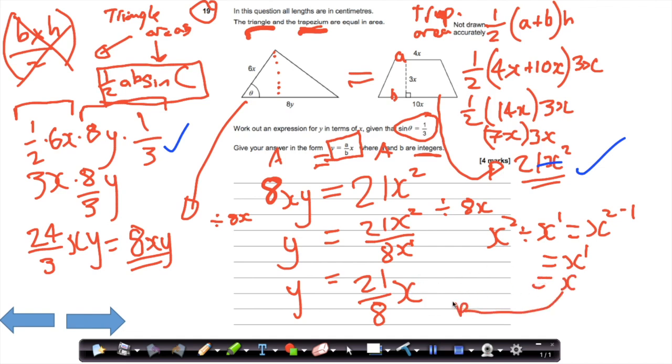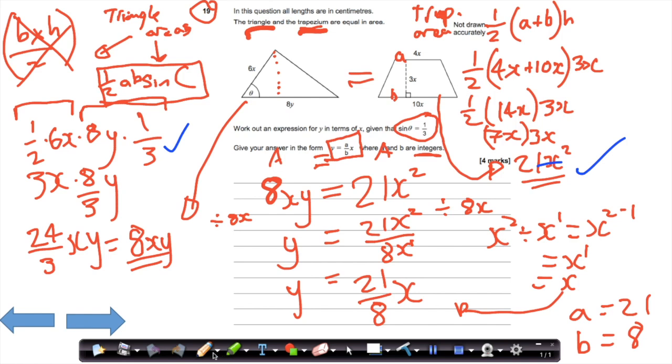So our answer, y equals 21 over 8x, and so our integer a is 21, our integer b is 8, and that is going to be the solution.